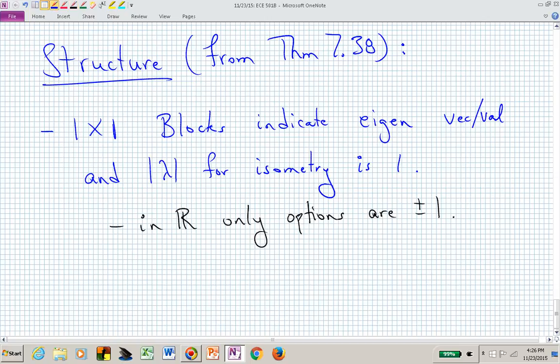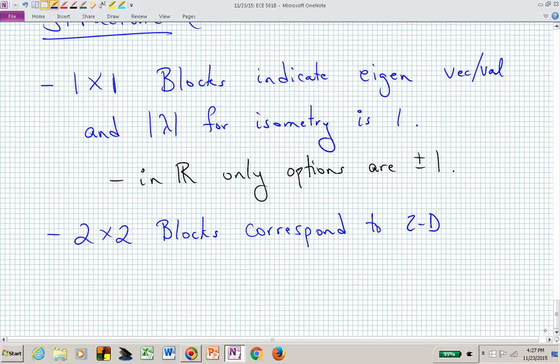If we can't find an eigenvalue for these 2 by 2, these rotation pieces, then what happens? For the 2 by 2 blocks, they actually correspond to two-dimensional or 2D invariant subspaces.